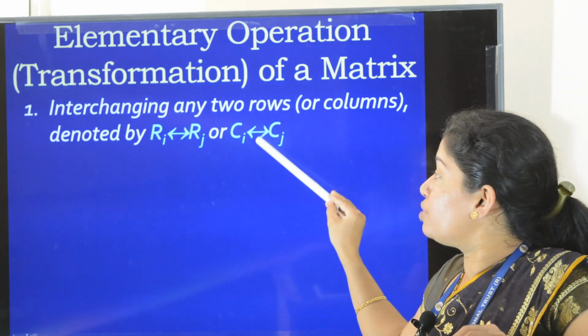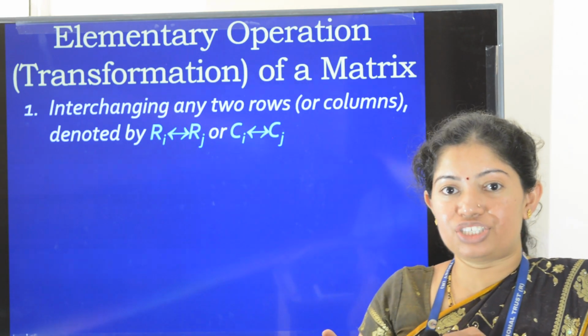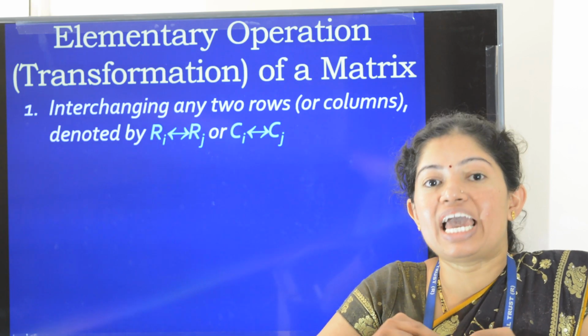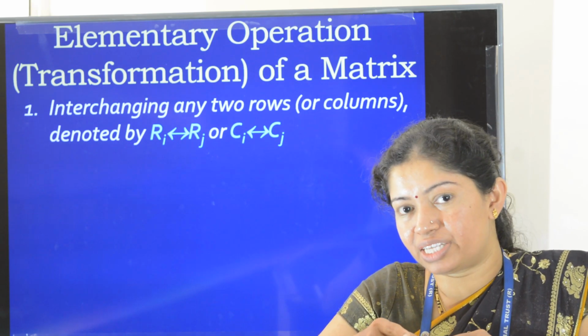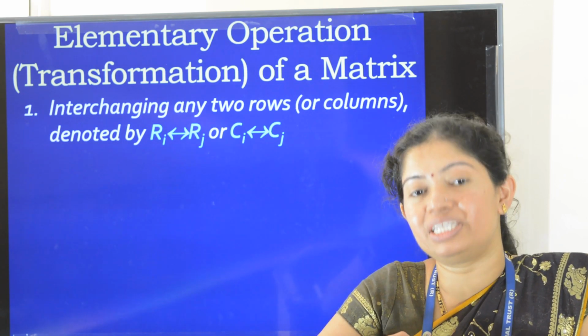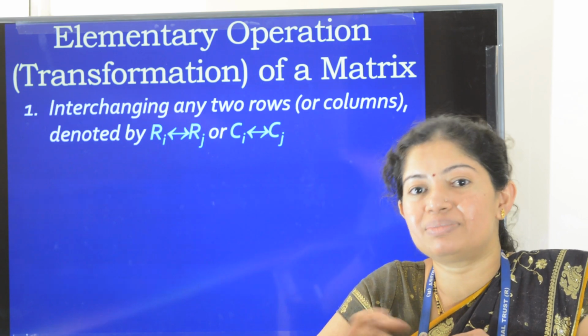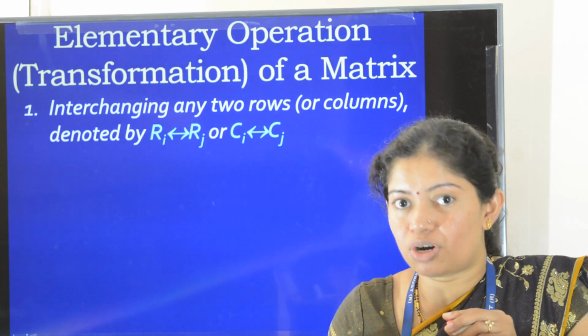Whereas for columns you can denote like this: Ci is interchanged with Cj, means you are interchanging any two rows or any two columns of a matrix. When you interchange two rows, it will be considered a row operation. When you interchange two columns, it will be considered a column operation. So that is the first operation.